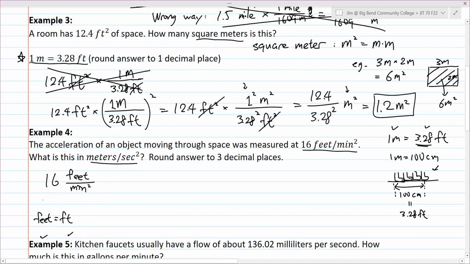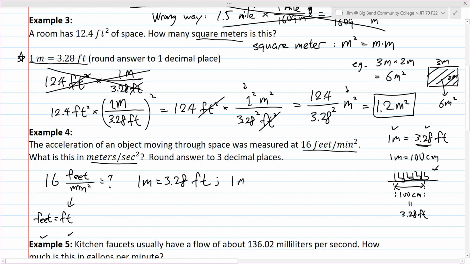All right, there's something else we should know. So first of all, we can tell that 1 meter equals 3.28 feet. I'm more used to the FT, so I will just turn the feet into FT instead.